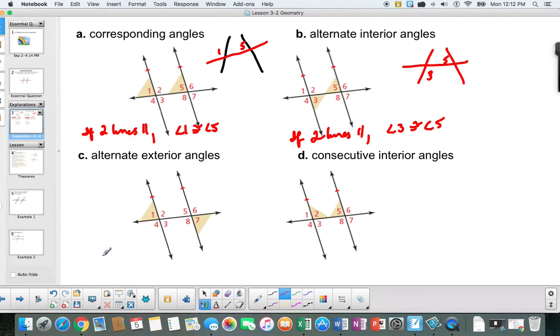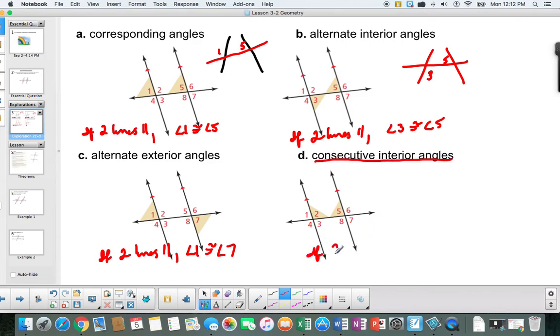And the same goes for all of these others. Once the lines were parallel, we found that these pairs of angles with these names, alternate exterior and alternate interior, end up being congruent.